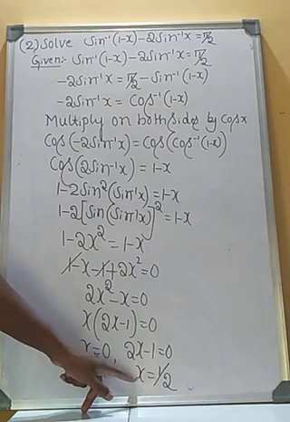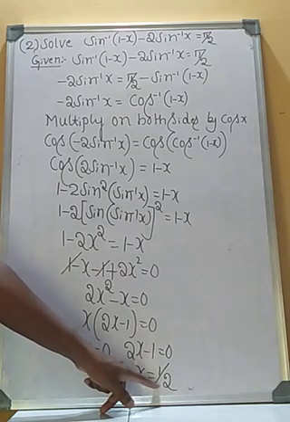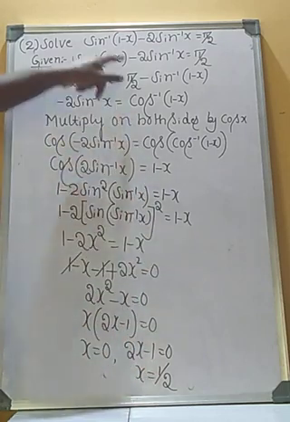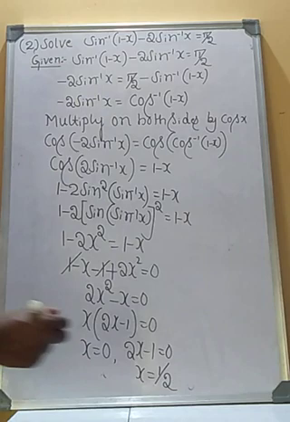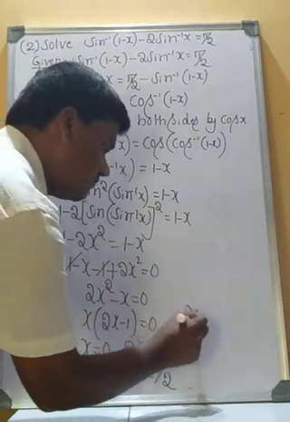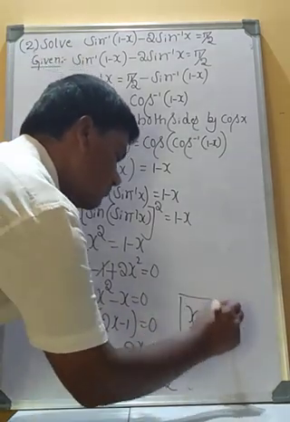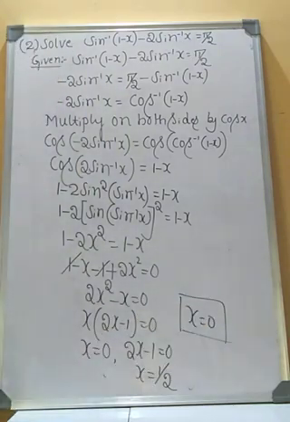But x equal to 1 by 2 does not satisfy the given equation. Therefore x is equal to 0. The value of x is 0.